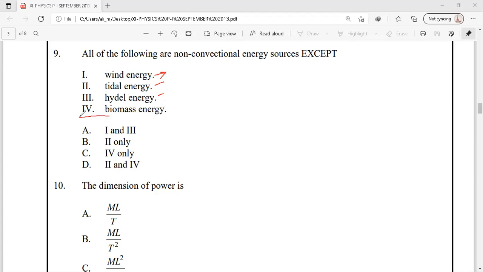Biomass is the energy that is non-renewable, and to reuse this energy, we have to wait for a very long period of time. So only option C is the conventional source of energy. The other three are the non-conventional or renewable energy resources.